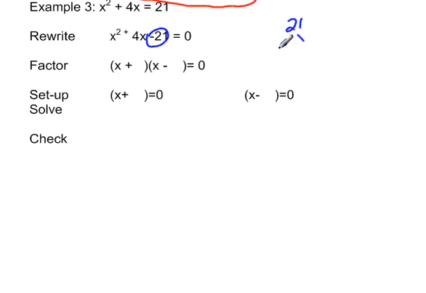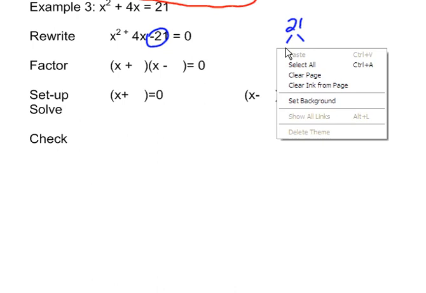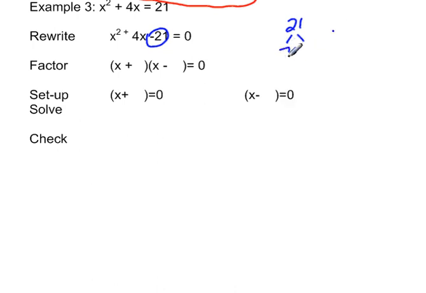The two main ones that come to mind are 7 times 3 and 7 minus 3 equals 4. So we got 7 here, 3 there. Alright, so now we're going to set it up. We got x plus 7 equals 0, or x minus 3 equals 0.